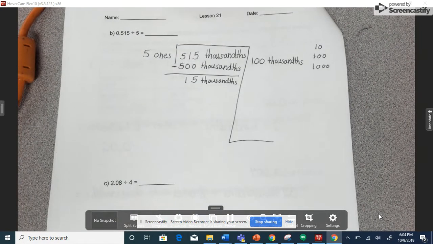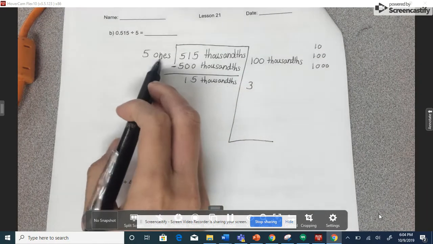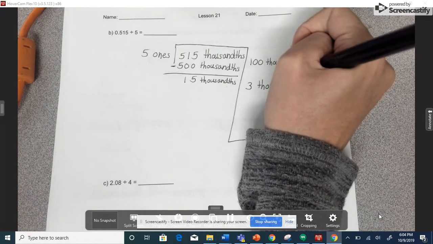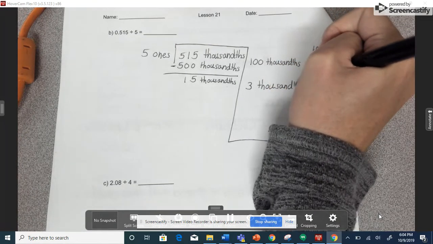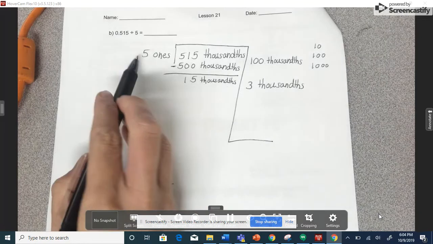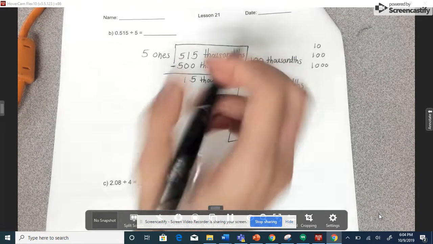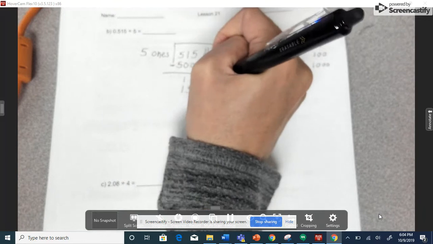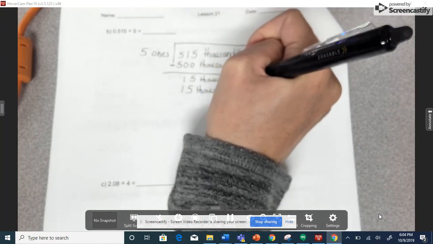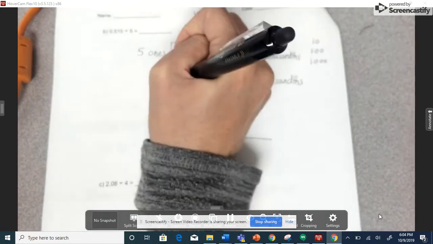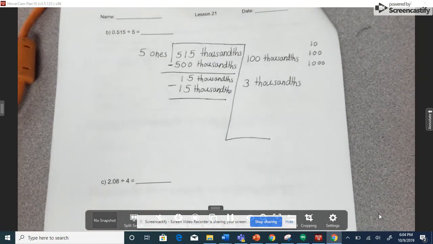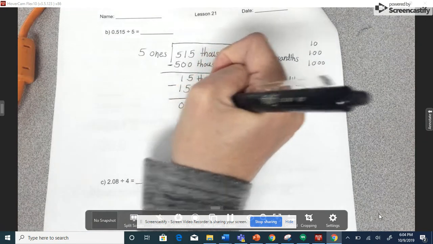Now I'm thinking 5 ones times what will get me close to 15 thousandths? Oh, I know 5 times 3 is 15 exactly. So I'm going to put 3 here. And I'm dealing with thousandths, so I know 1 times thousandths is going to get me the thousandths I need. 5 ones times 3 thousandths is 15 thousandths. 15 minus 15 is 0, and we're still in thousandths.